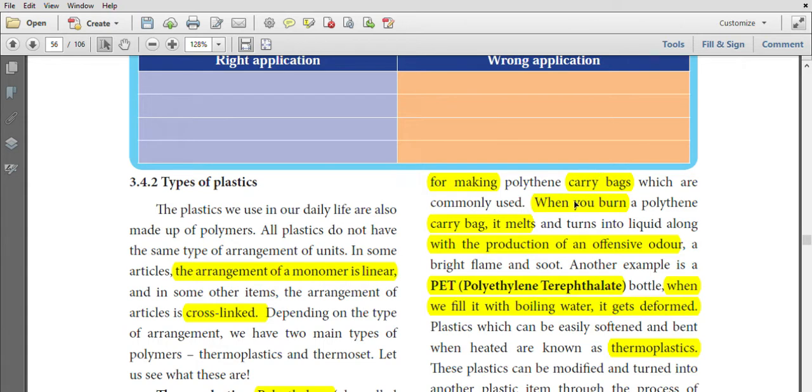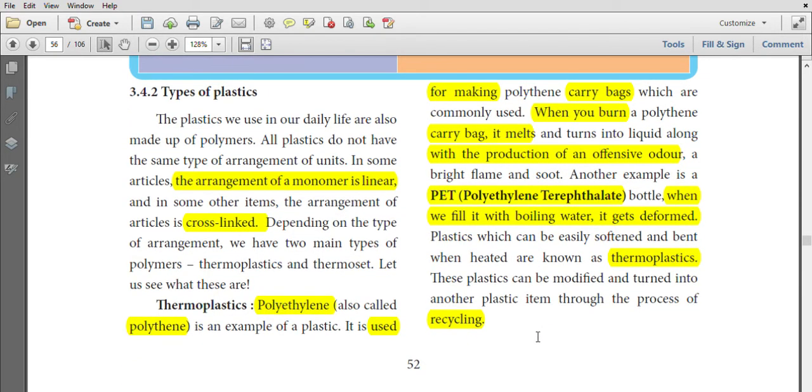When you burn carry bags, they melt and produce an offensive odor. Polyethylene terephthalate, when you fill it with boiling water, it deforms. They are thermoplastics. They do not have heat resistance. They can be recycled easily.